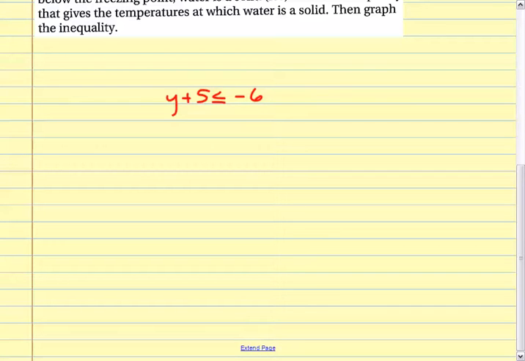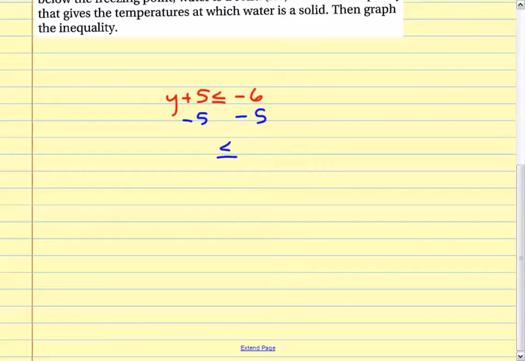What would I do to solve this inequality? I need to get the y by itself. So how do I get rid of the 5? I'm going to subtract 5 on both sides.